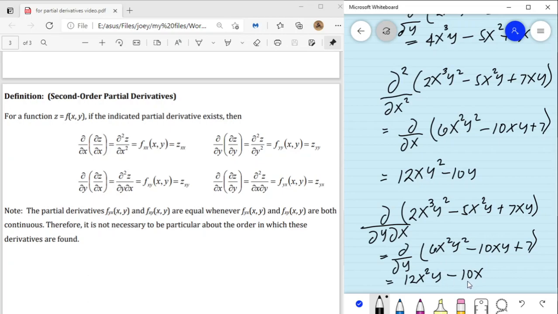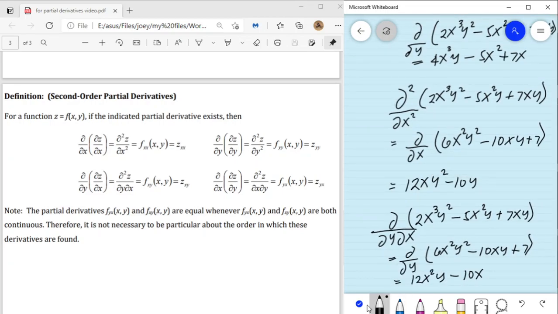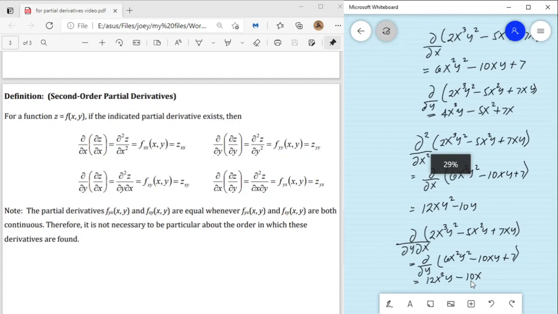Okay, now let us take the partial derivative of the same expression with respect to y, then find the higher order derivative with respect to y.